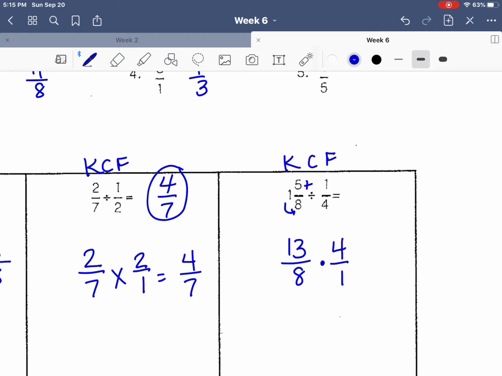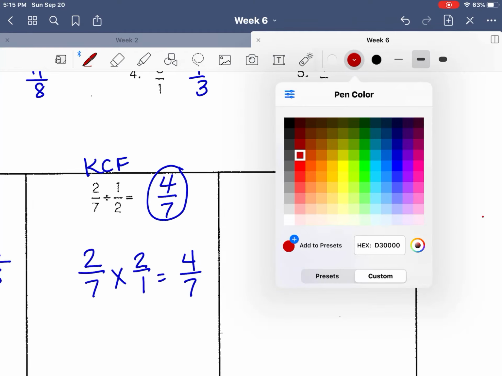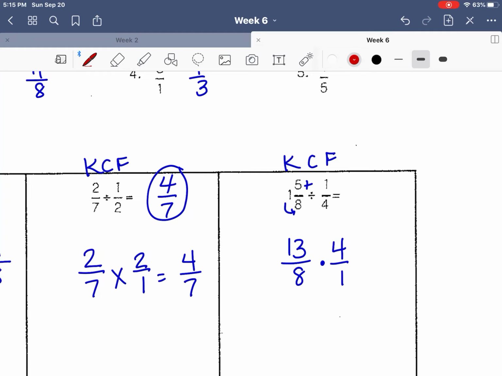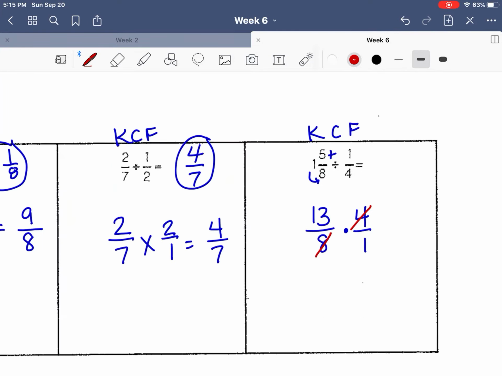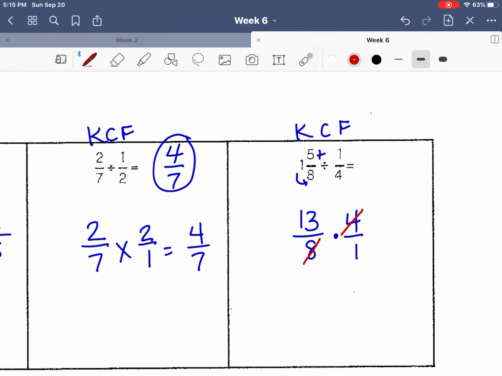We'll multiply that times 4 over 1. Now, because I don't want to multiply 13 times 4, because I can't do that in my head, I'm going to simplify this first. If this confuses you, please go ahead and multiply 13 times 4 and simplify it afterwards. I like simplifying it before. 4 will go into 4 one time. 4 will go into 8 2 times.